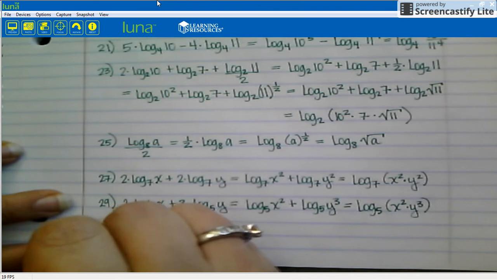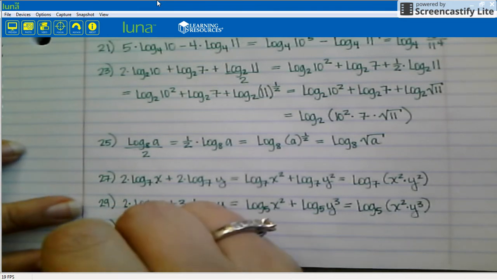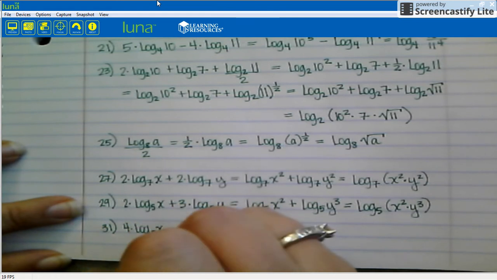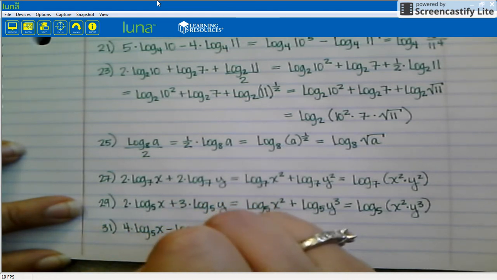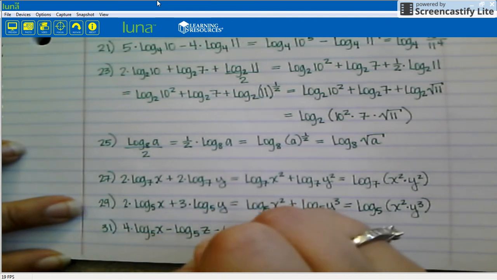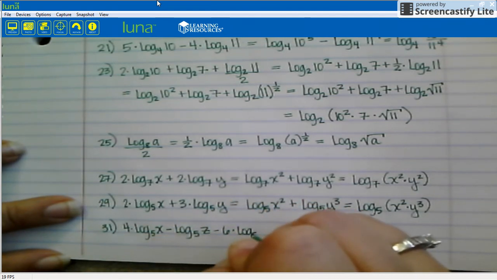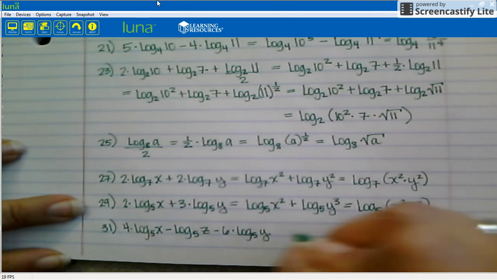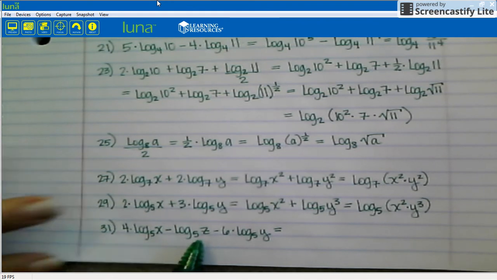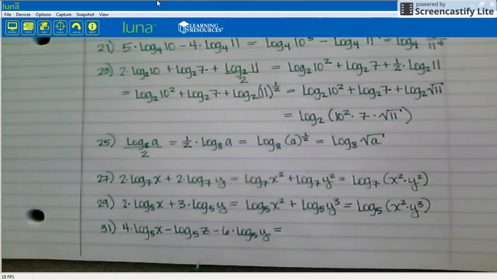And then for 31, we have 4 times log base 5 of x minus log base 5 of z minus 6 times log base 5 of y. So since we're subtracting all of them, that means we're actually going to be dividing.